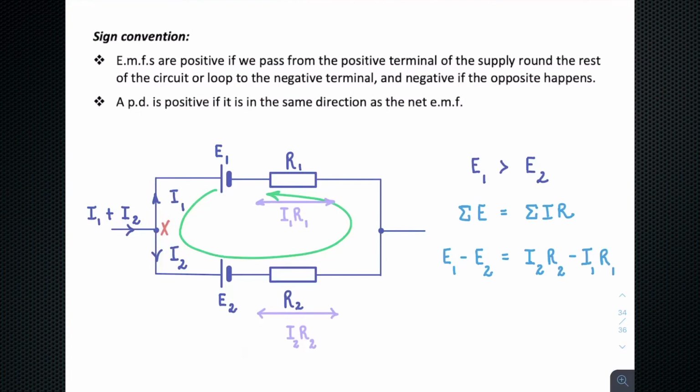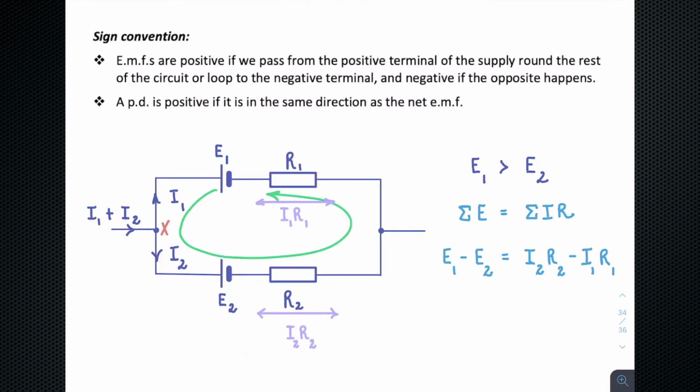So we have a positive E1 but a negative E2. If you look carefully at E2, its polarity is in the opposite sense to that of E1. So sigma E becomes the net EMF, E1 minus E2.